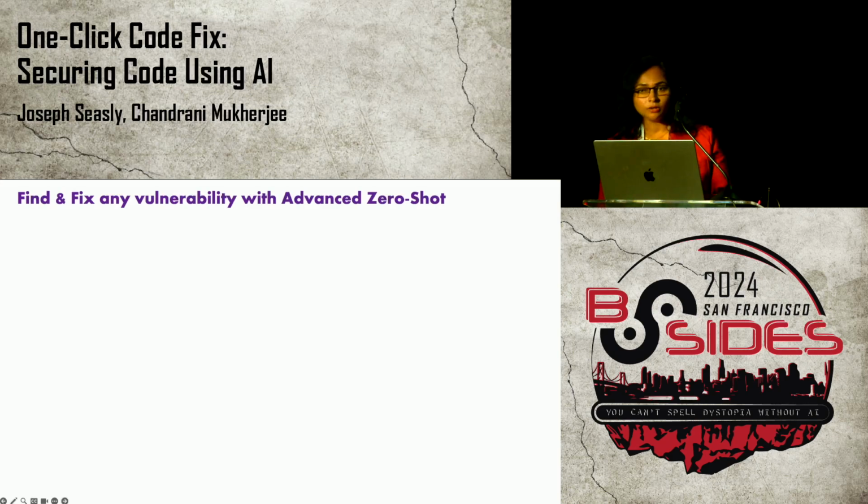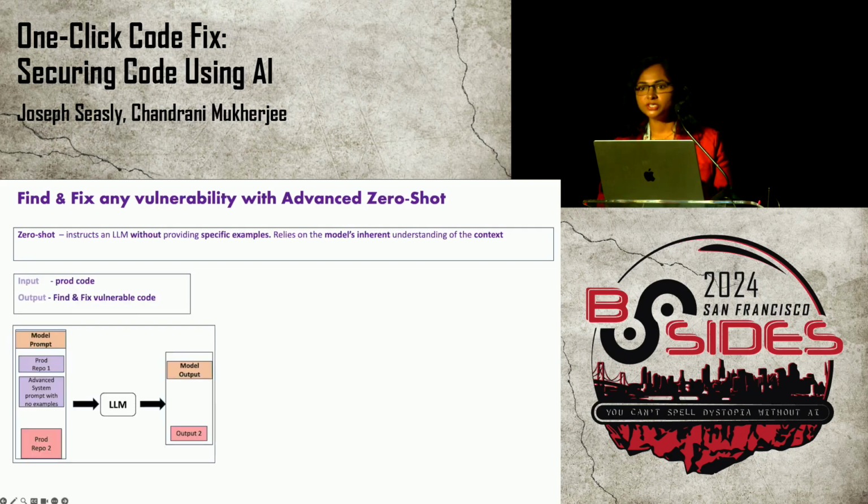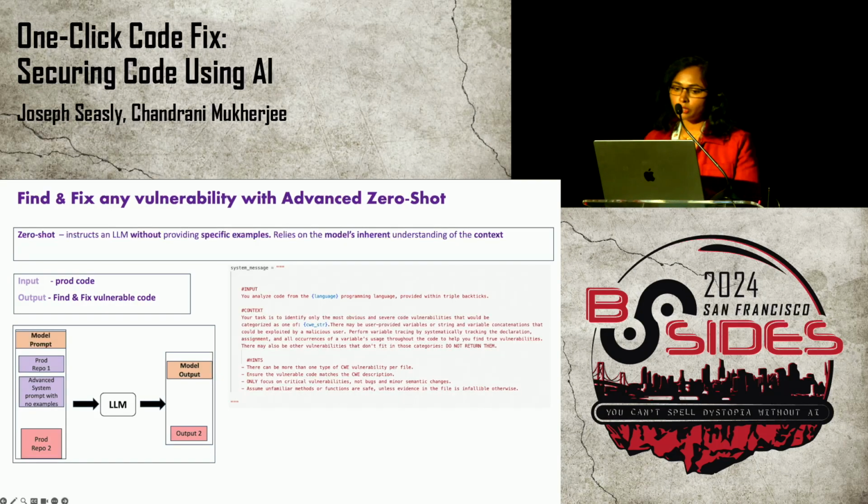So with high hopes, we wanted to apply the same technique on our production repo. It is still zero shot, but we changed the input strategy: let's go on to the production repo and see what it gives. On the system prompt, we are not giving any additional example or context, but we are making it a little bit advanced. We looked through our Jira and found the top 15 vulnerabilities.